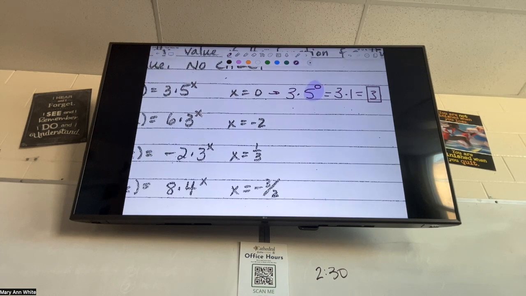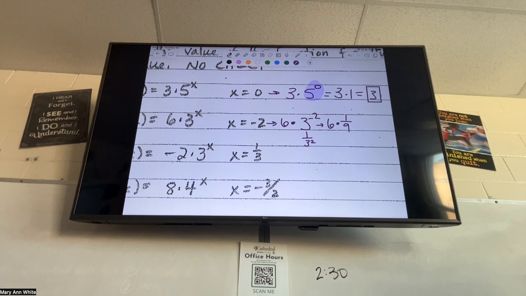All right, the next one, now I've got a negative exponent. So we're going to decide what a negative exponent does to my number. 6 times 3 to the negative second. What does that negative second do to my 3? It goes to the bottom of my fraction. So essentially that's the same thing as 1 over 3 squared. And what is 3 squared? 9. So that's the same thing as 6 times 1/9.